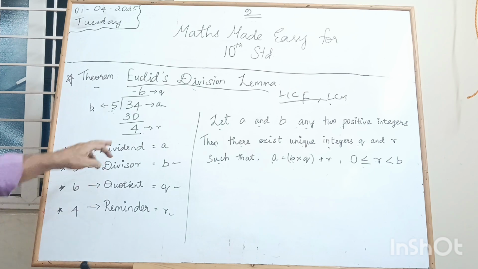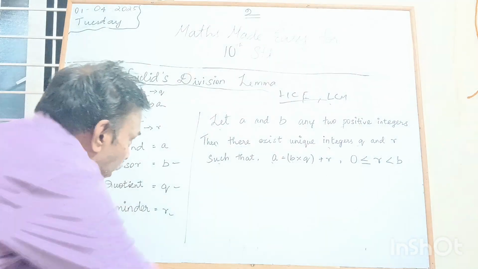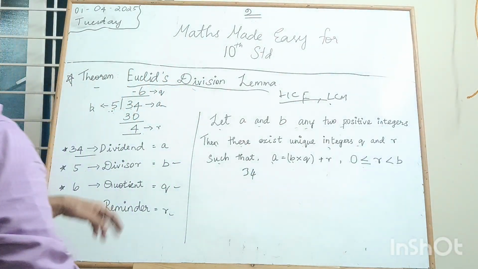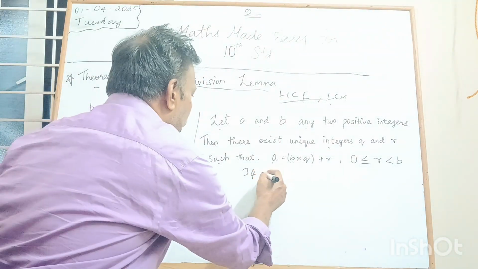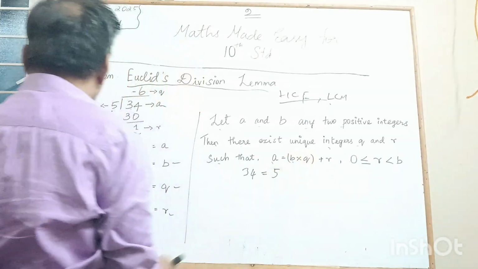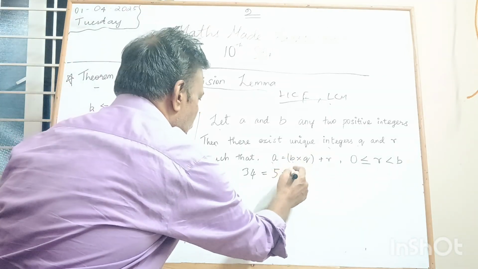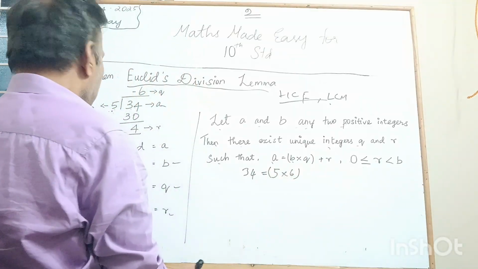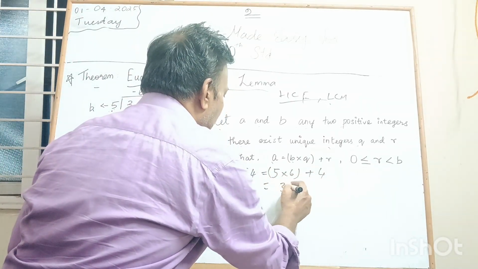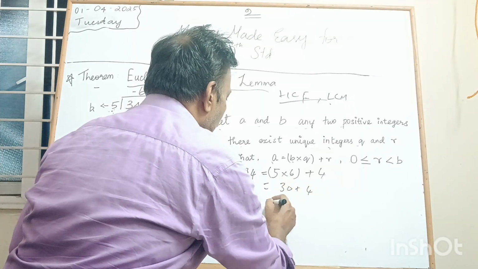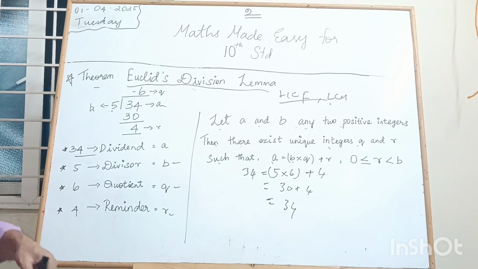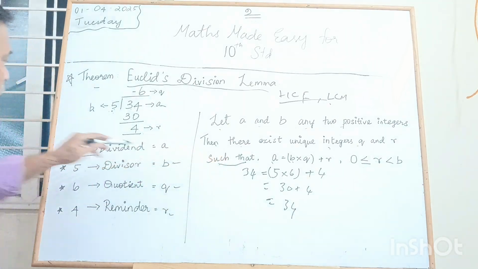This A is the dividend, A is 34. B is 5. Q is the quotient 6. Plus the remainder is 4. So that means 30 plus 4 is equal to 34. That is what it says. This is the theorem.